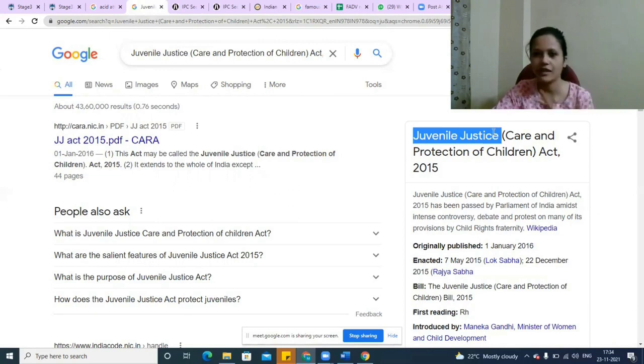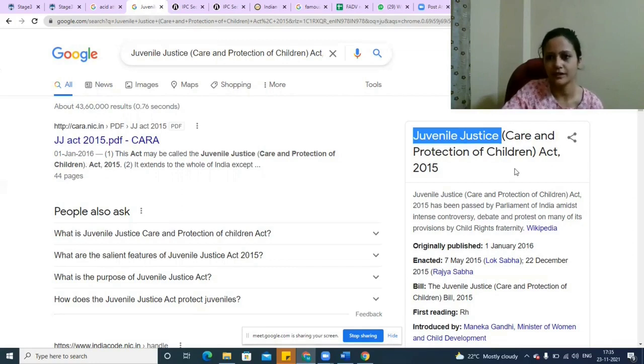If the court figures out that he was mature, the court will try him like a normal adult under IPC. If not, he will get the protection of the Juvenile Justice Act. That was again nothing but addressing the problems which existed previously.